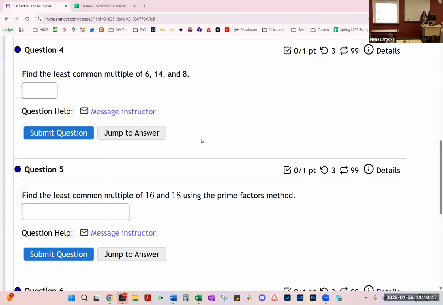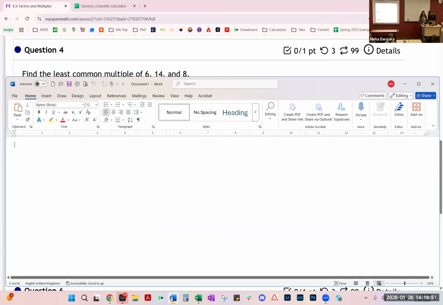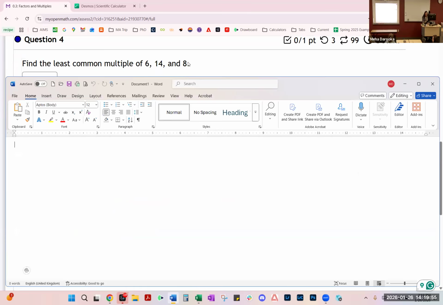So if we look at something like 6, 14, and 8, or 6, 8, 14, how will that break down? All right, so we've got 6, 8, and 14. The idea is there has to be one number large enough that can be evenly divided by 6 and 8 and by 14.